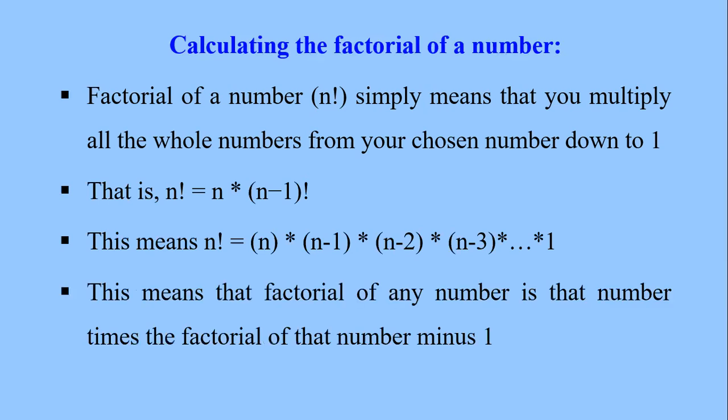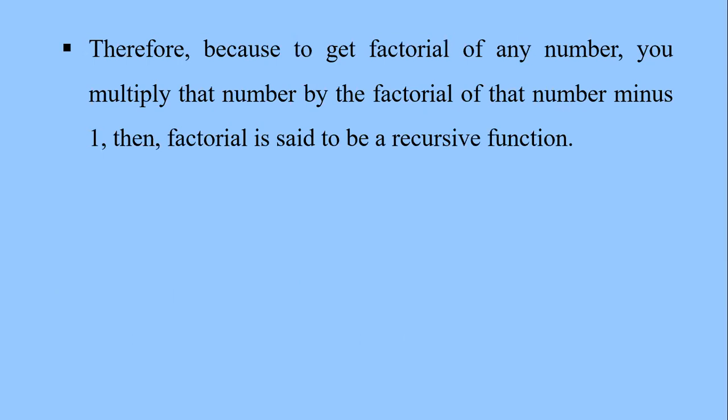This means that factorial of any number is that number times the factorial of that number minus 1. Therefore, because to get factorial of any number, you multiply that number by the factorial of that number minus 1, then factorial is said to be a recursive function.